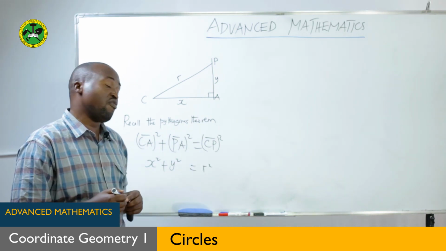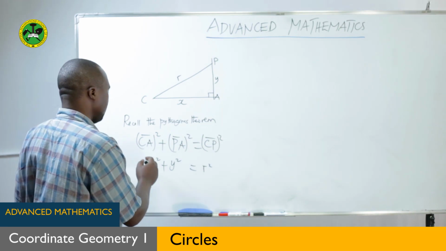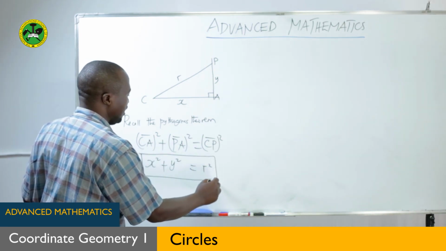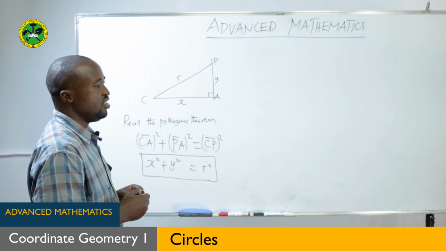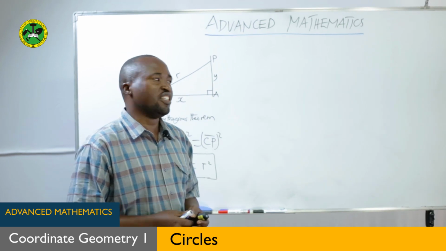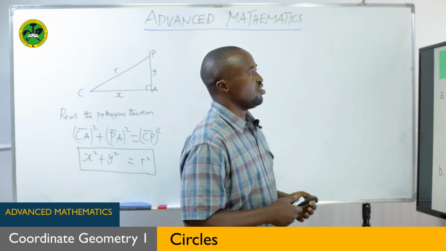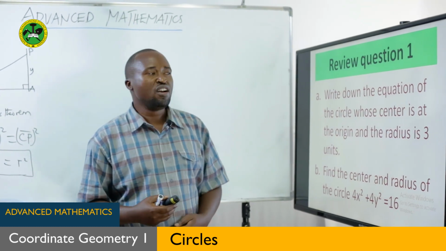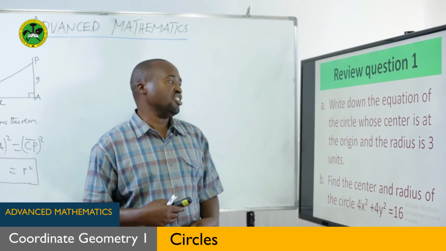Now my dear student, we have the general equation of the circle in which the center is at the origin. So let us see the review questions in which you are going to use this general equation of the circle in which the center is the origin.